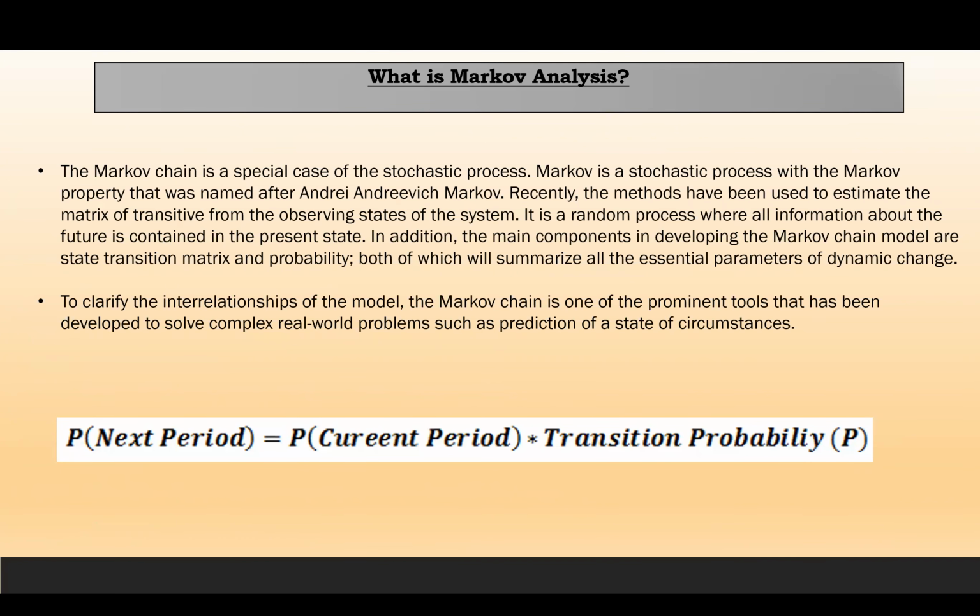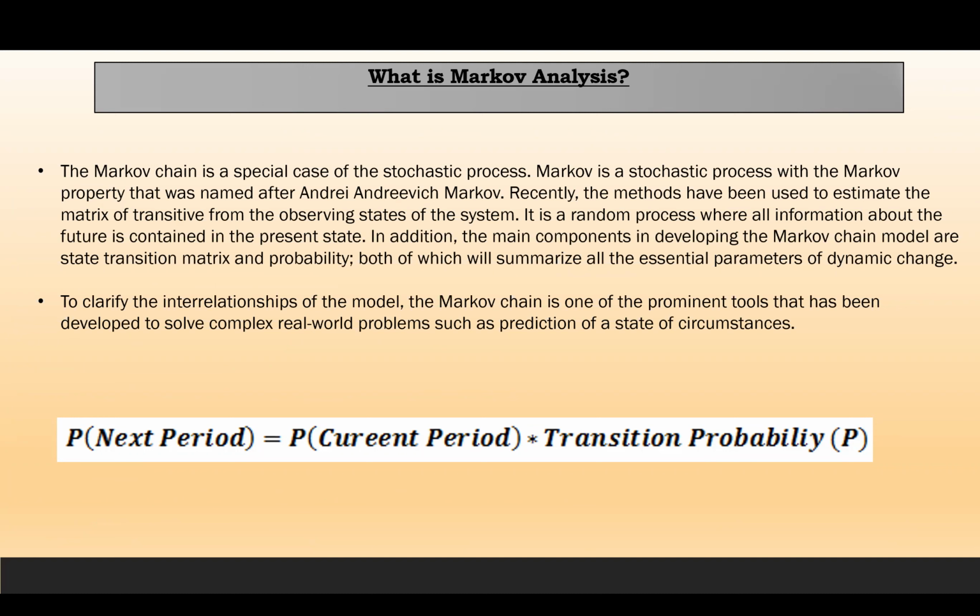We'll transition now to discuss what Markov analysis is. The Markov chain is a special case of the stochastic process. Recently, the methods have been used to estimate the transition matrix from the observed states of the system.